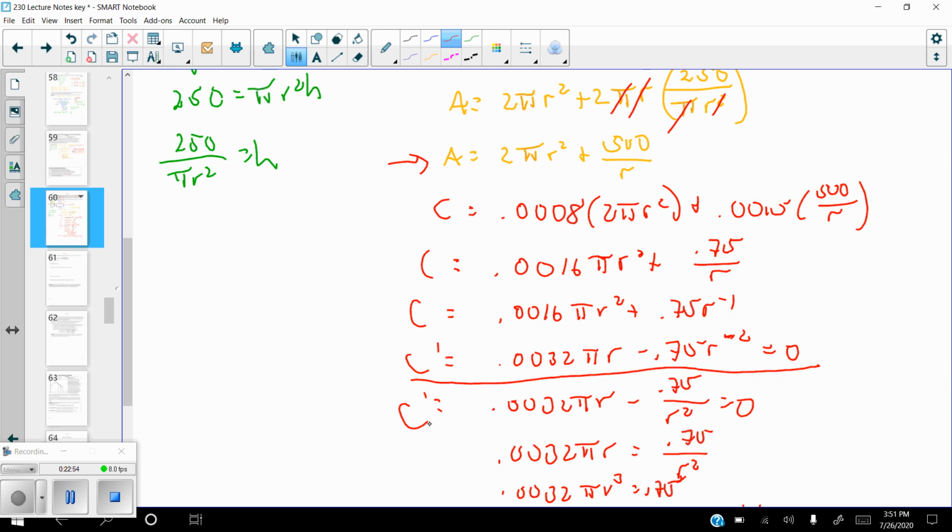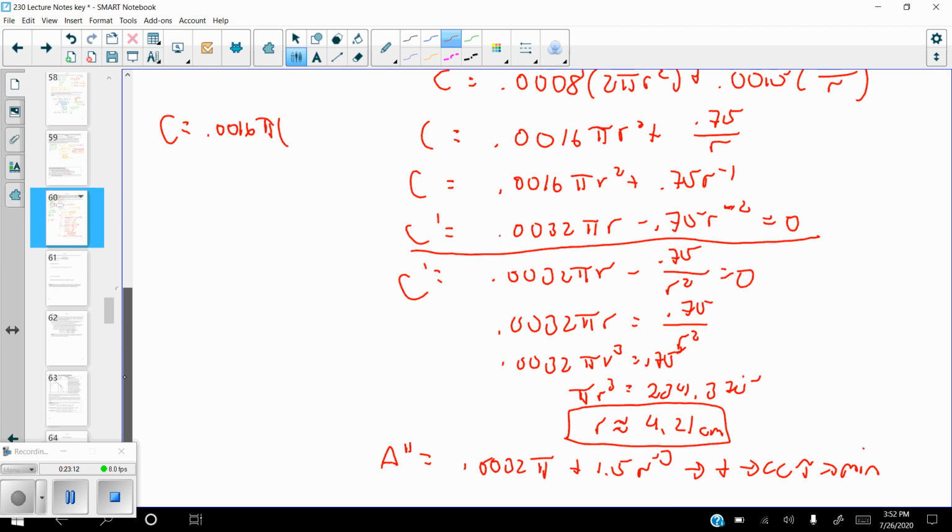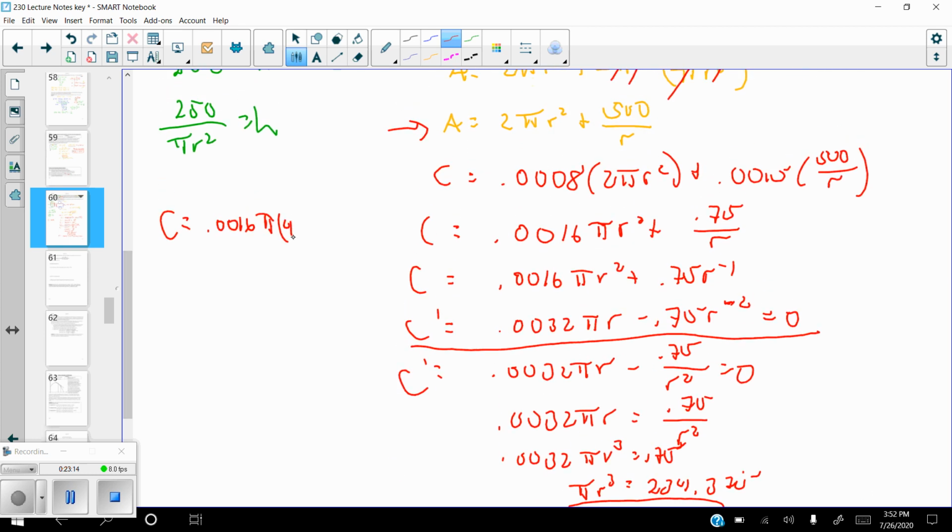All right, so our actual cost at the minimum value, the minimum cost here, we can go probably to the most simplified version of this, which is 0.0016 pi. Our r value that we just found was 4.21 centimeters squared.